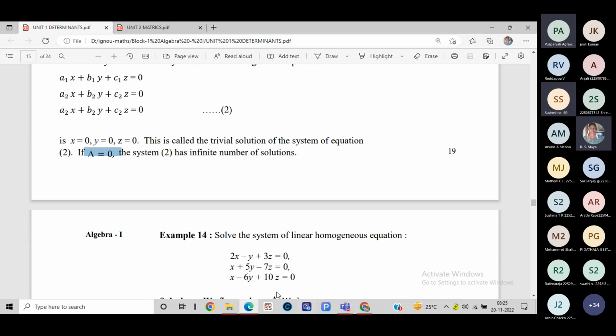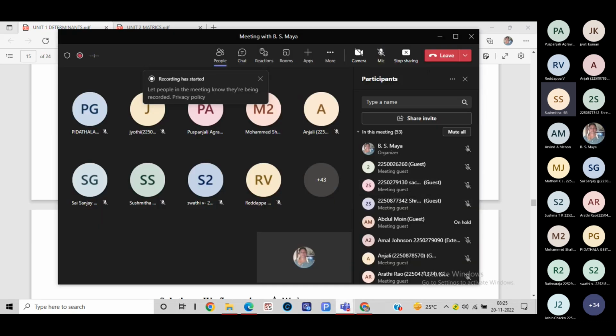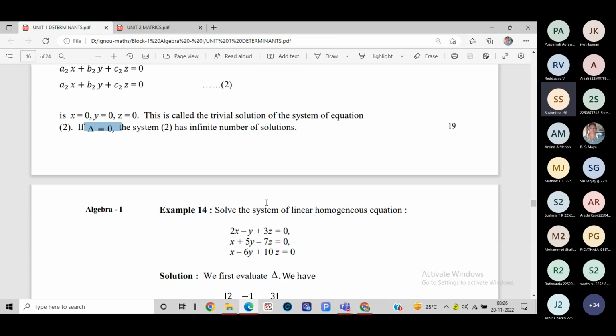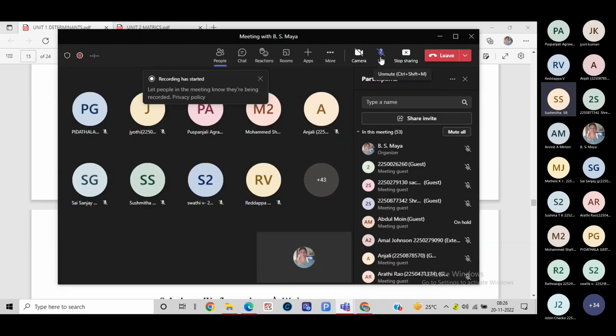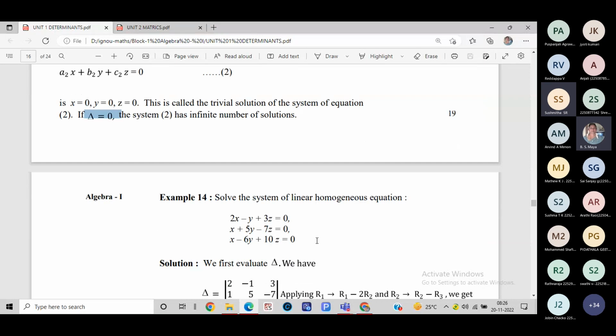Let me start the problem. So take 2x minus y plus 3z, x plus 5y minus 7z, 6x minus 6y plus 10z equal to 0.